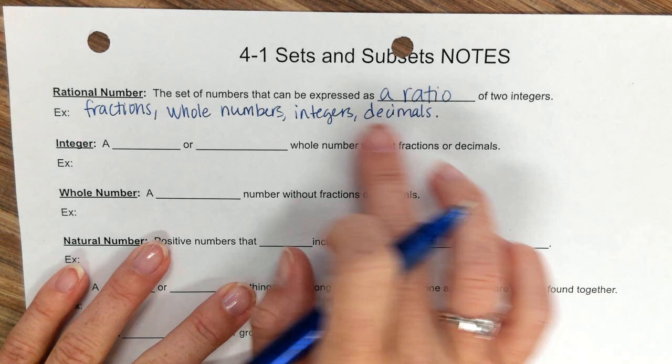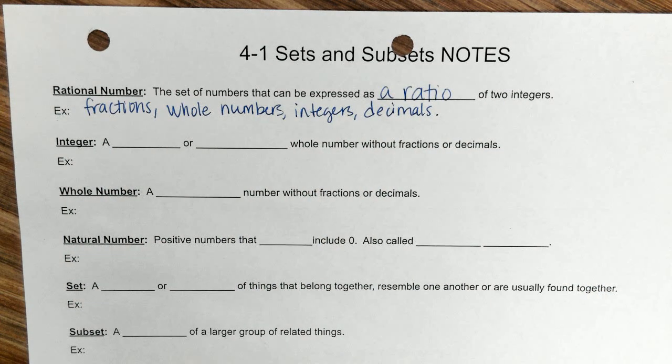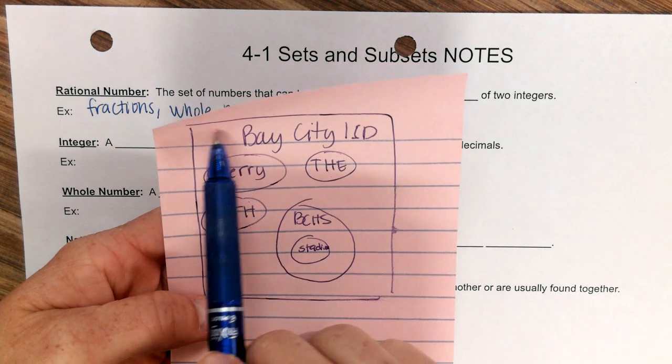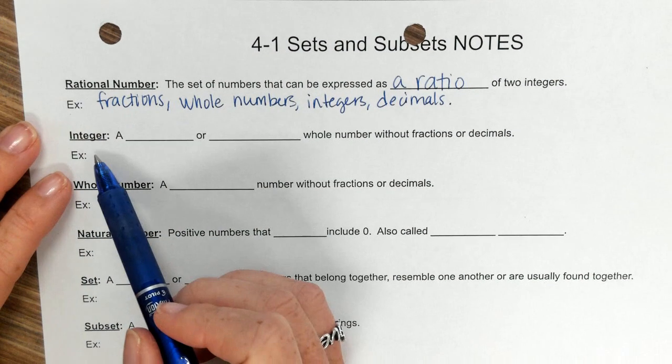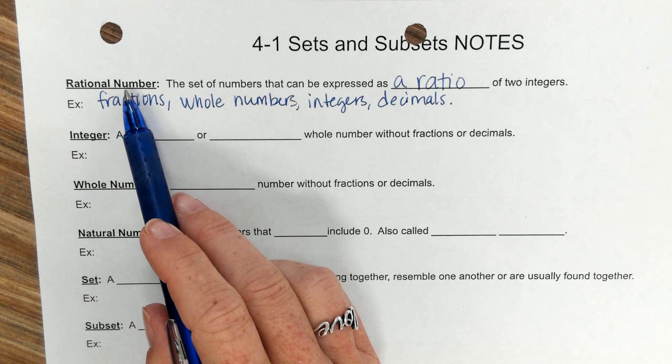So any of these can be expressed as a ratio. They are rational. Got it? So our big category is going to be rational numbers. That's what would be in the spot of Bay City ISD. Okay? An integer is a subcategory of rational numbers.